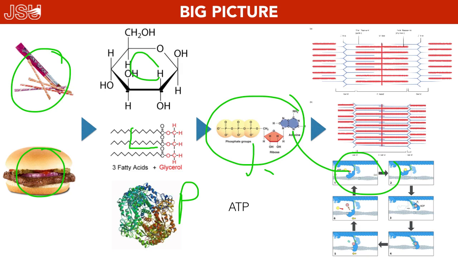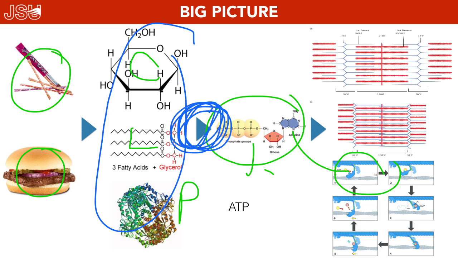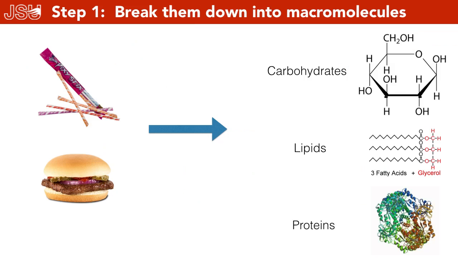We're going to be particularly concerned with this arrow right here. This arrow basically is the whole chapter. How do we go from these molecules to ATP? That's the point. First we break them down. This is a digestion process. You cover this in the second semester of introductory biology. This is digestion.